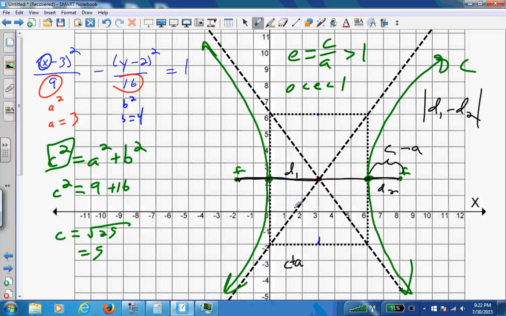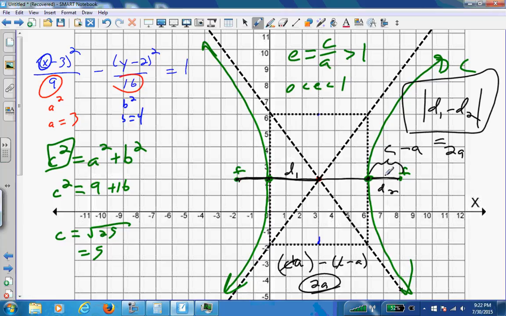If we take the difference between those, c plus a minus c minus a, c minus c, notice those cancel. Minus the negative will make that a plus a, a plus a is 2a. So the difference between d1 and d2 will always be 2a for any hyperbola.